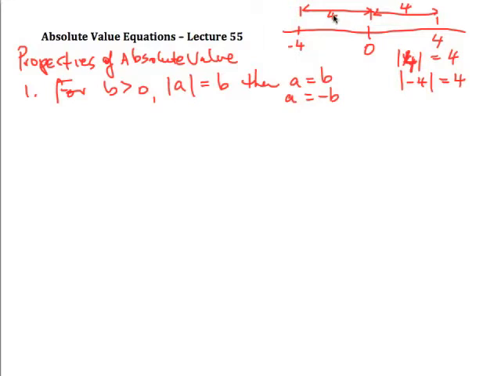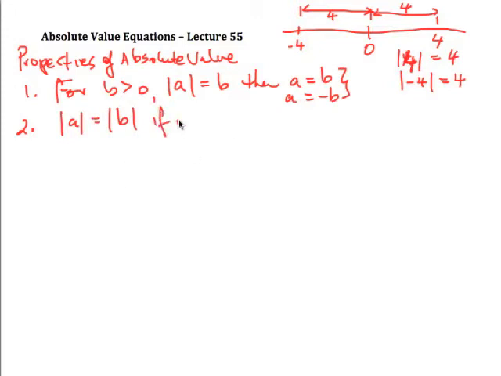Remember, the important thing is we're talking about the distance, which must always be positive, and it's how far it is from 0. So an equation is going to involve what happens if I don't know what this number is in here. Then we have to consider two cases. What if we have the absolute value of a number equal to the absolute value of another number?